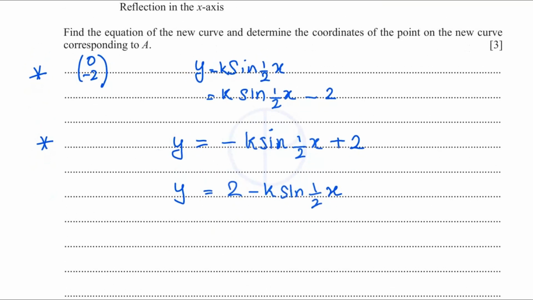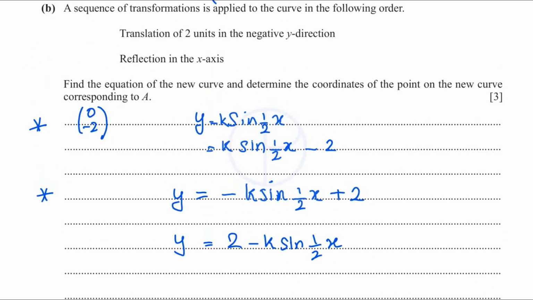And determine the coordinates of the point. Okay. So initially, what's the coordinate? 3 pi comma negative k. So we are applying a translation of 2 unit in the negative y direction. So only the y value changes. Okay. So 3 pi comma minus k minus 2.